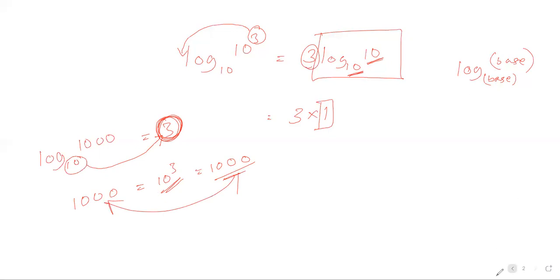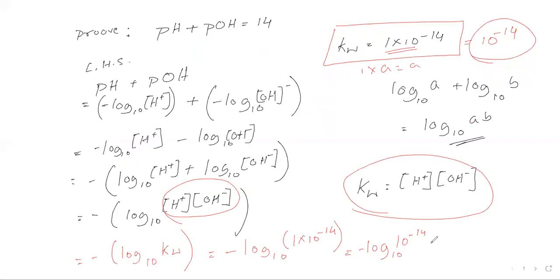Now coming back to here, this negative 14, we can simply bring it in front, including the sign. So this is minus 14, and there is already a negative in front of this log, so this minus and this minus of 14 become plus.